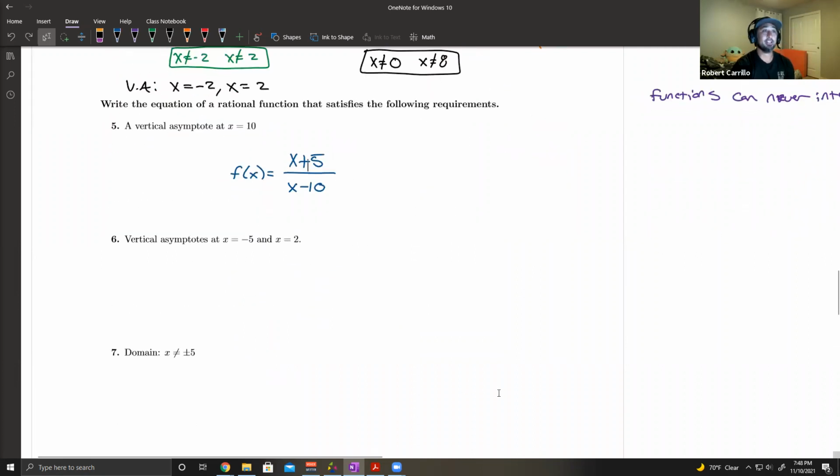Okay, let's do it again. They are giving us vertical asymptotes at x equals -5 and x equals +2. What would my denominator look like?